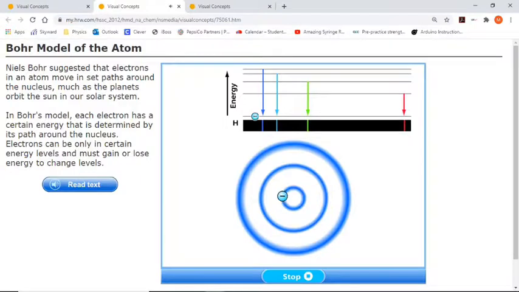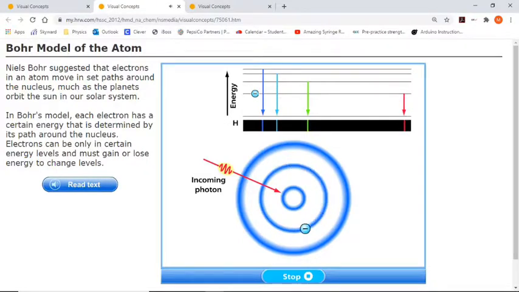In the Bohr model, the electron moves in circular orbits about the nucleus. According to the model, the electron can circle the nucleus only in allowed paths or orbits. When the electron is in one of these orbits, the atom has a definite fixed energy. While in an orbit, the electron can move to a higher energy orbit by gaining an amount of energy equal to the difference in energy between the orbits.